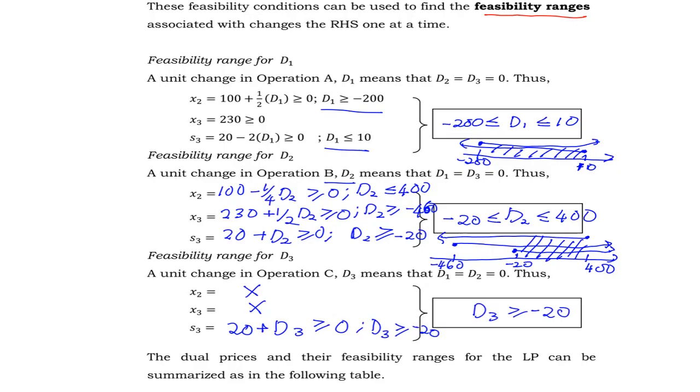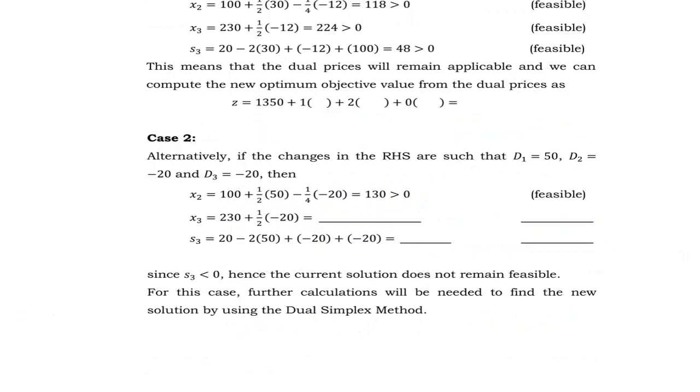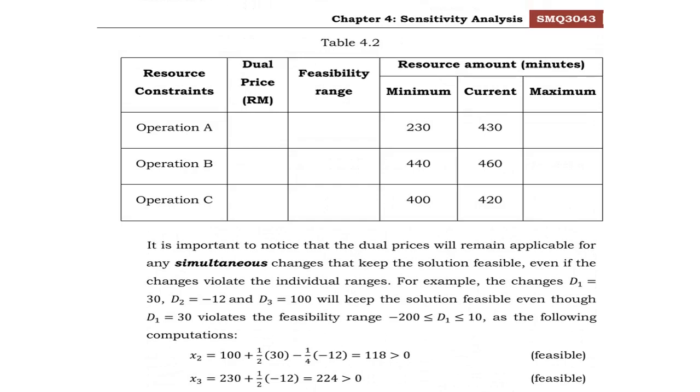Okay. Next, the dual price and their feasibility range for the LP can be summarized as in the following table. So table 4.2. The dual price for the first constraint is 1, second constraint 2, third constraint 0.